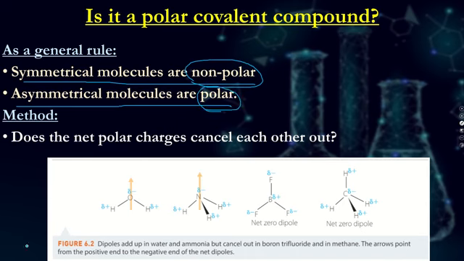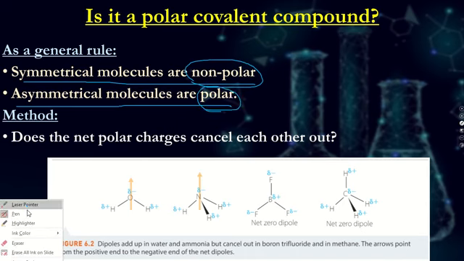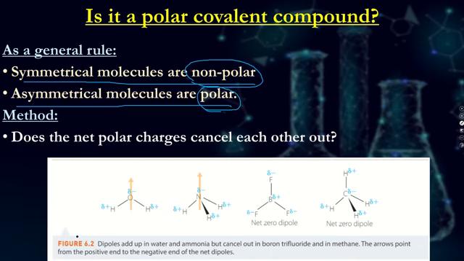And what do I mean by that? Have a look at these images at the bottom here. You have water, you have hydrogen. Now there is a difference in polarity between hydrogen and oxygen. But at the same time, the molecule is not symmetric.